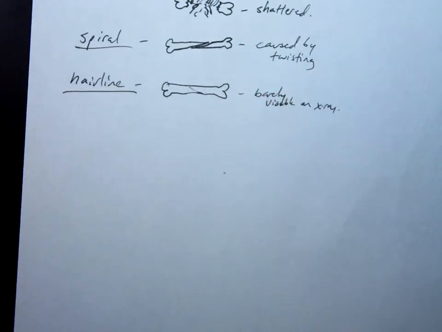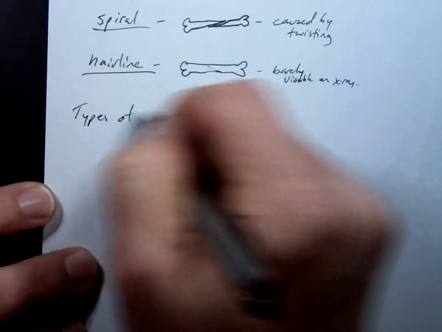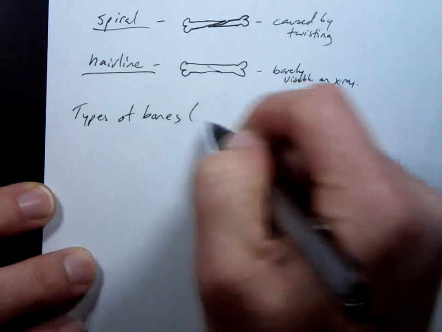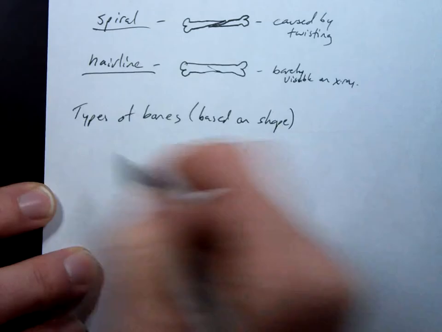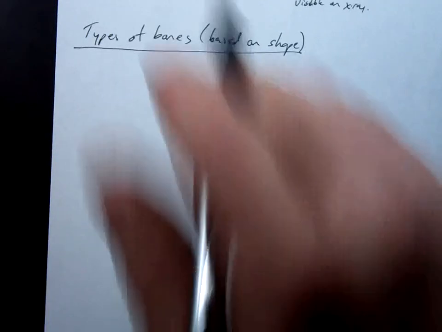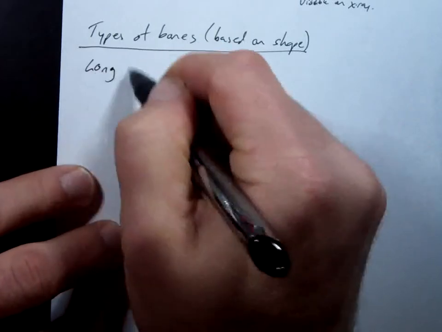All right. Now, I want to talk about types of bones based on shape, so when you see these words, you'll be familiar with them. Most common of all the bones in the body is the long bones.